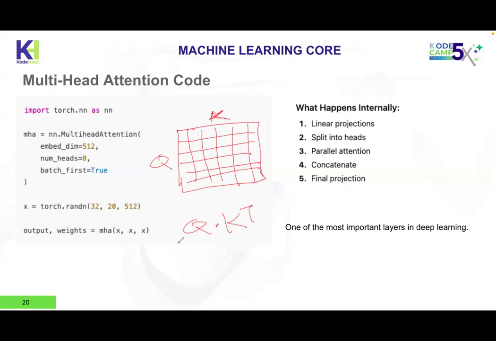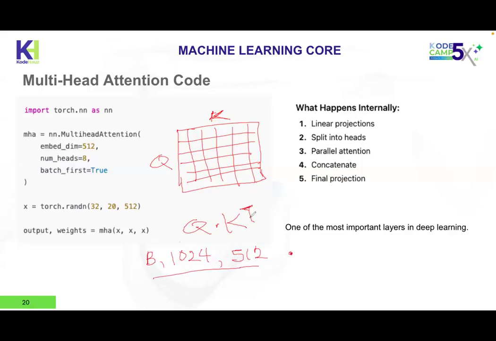And remember the Q is, let me write it properly because I didn't write it properly before, batch by 1024, which is the sequence length, by the embedding. In this case, I had projected it to 512. That is Q. I now do a dot product against K, but for K we do a transpose.